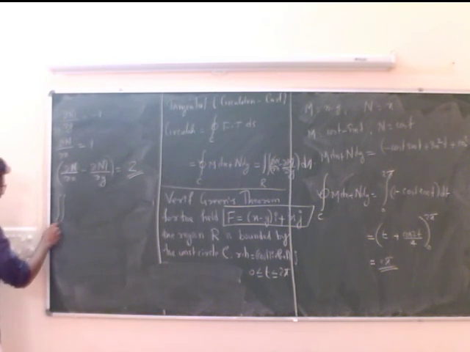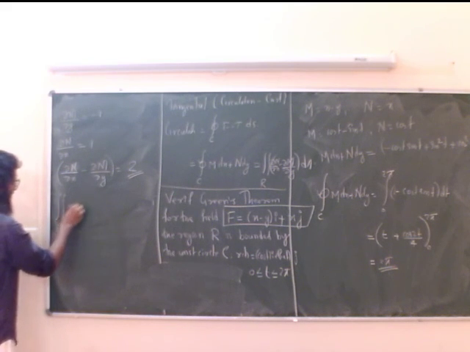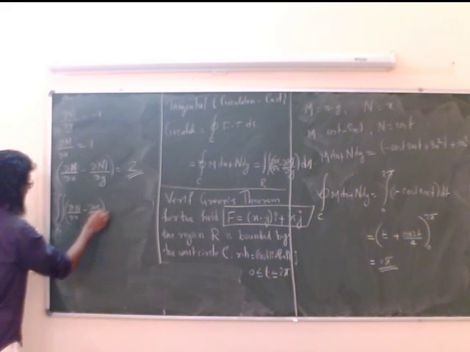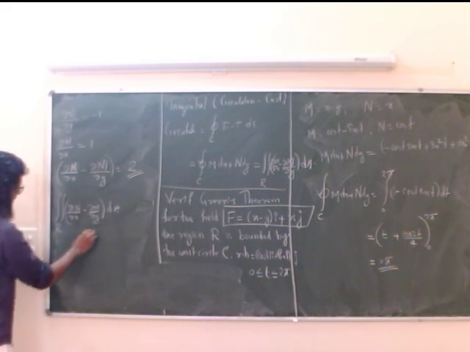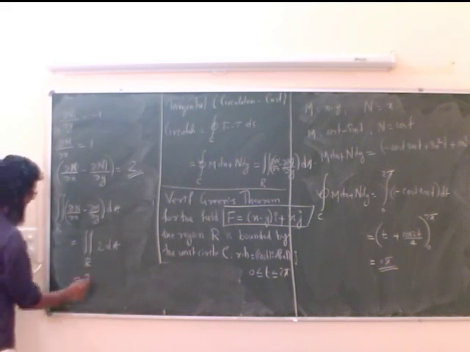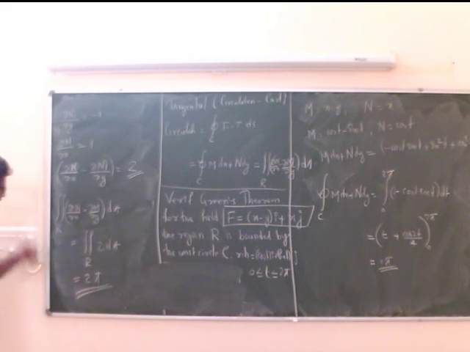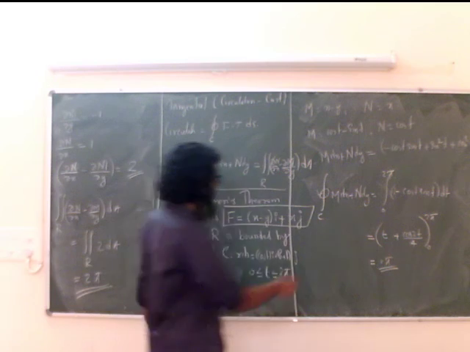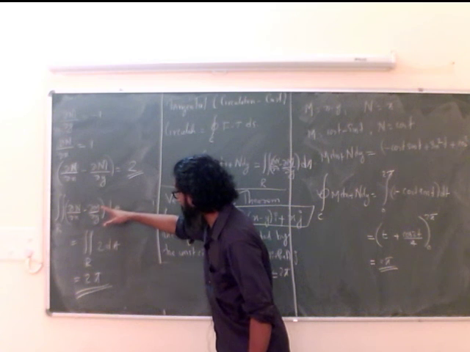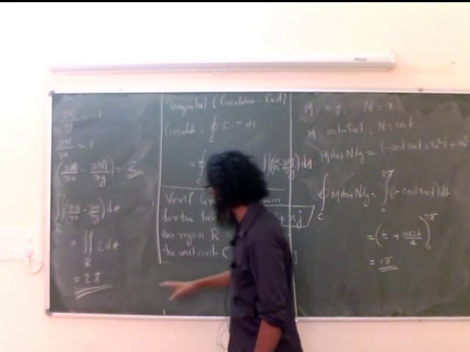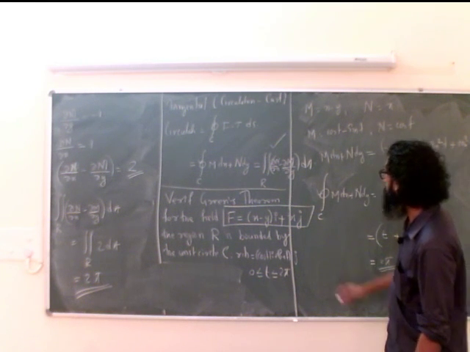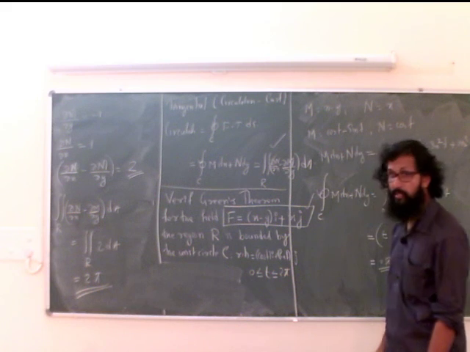Therefore the double integral over R of dou n by dou x minus dou m by dou y dA is equal to the double integral over R of 2 dA. That's again 2 times the area of the region R, which is pi, so it is 2 pi. So again I have the integral over C of m dx plus n dy as 2 pi, and the double integral is also 2 pi. So this is also true. So I have verified Green's theorem, both forms, for this particular problem.